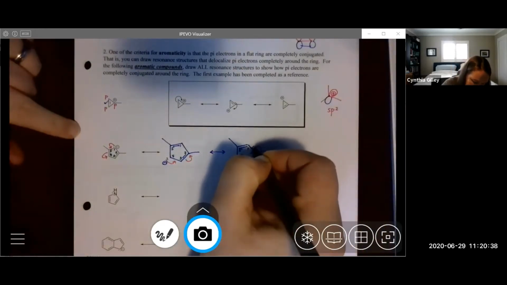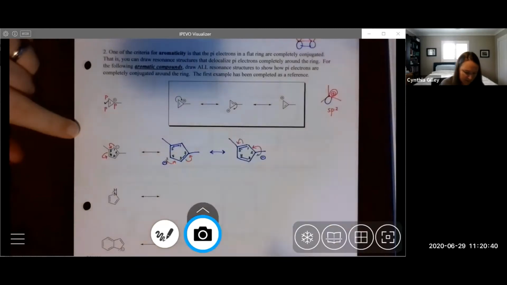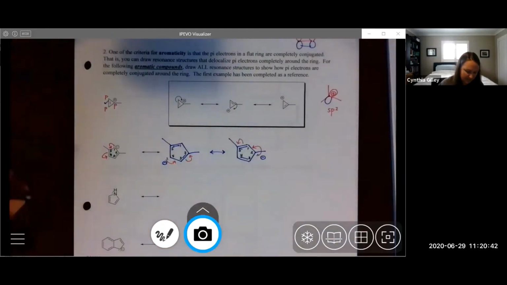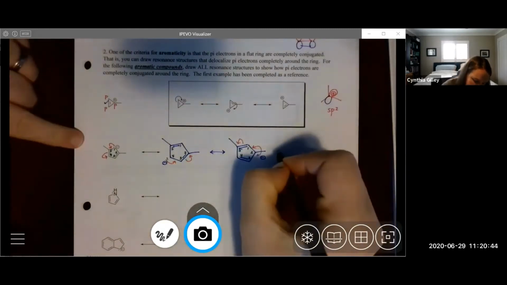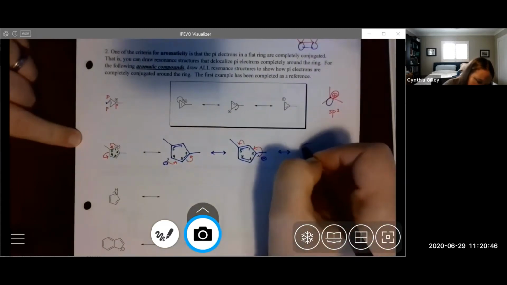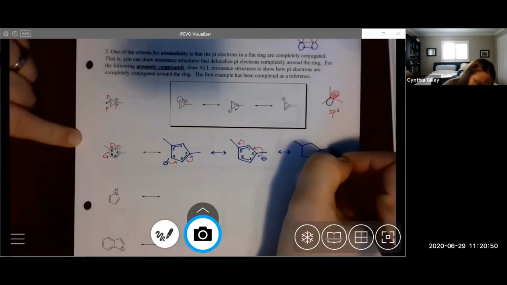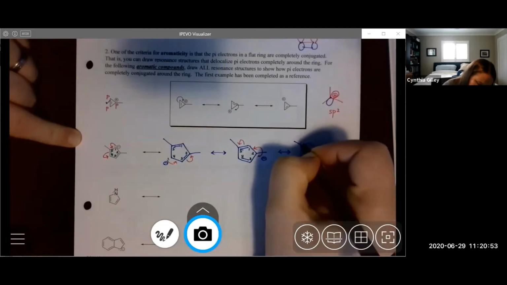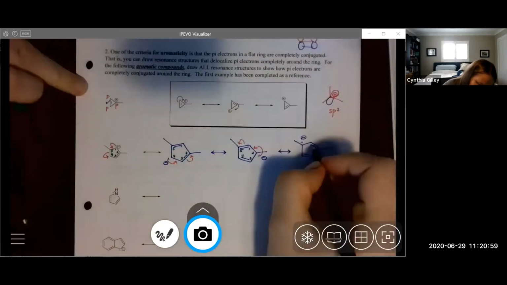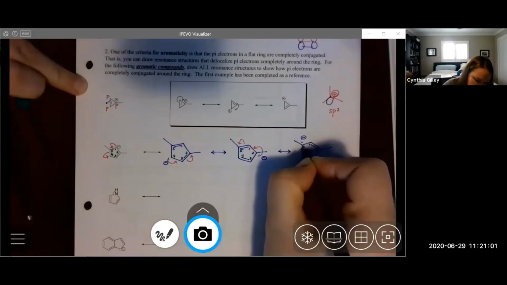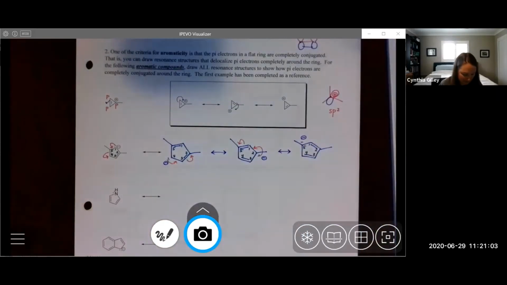So now I'm just going to keep going, move that lone pair to carbon number 5. So far I've had the lone pair on 1, 4, 2, and 5.